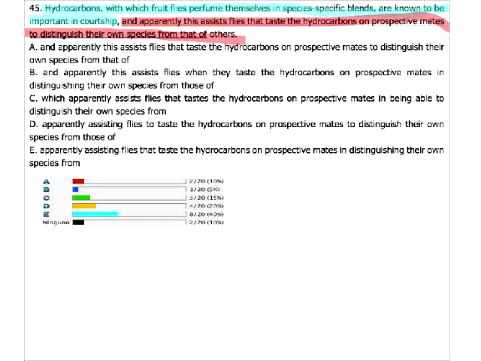Yes, the red part is an explanation. Satish is correct. The red part is an explanation of the comment made in blue. The blue statement says that these are important in courtship.